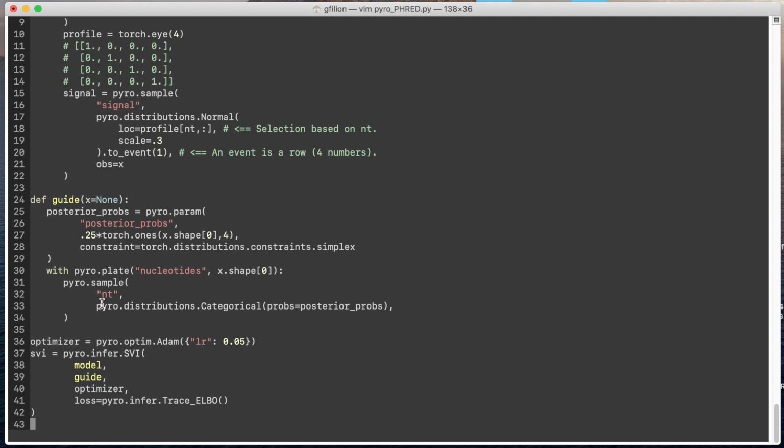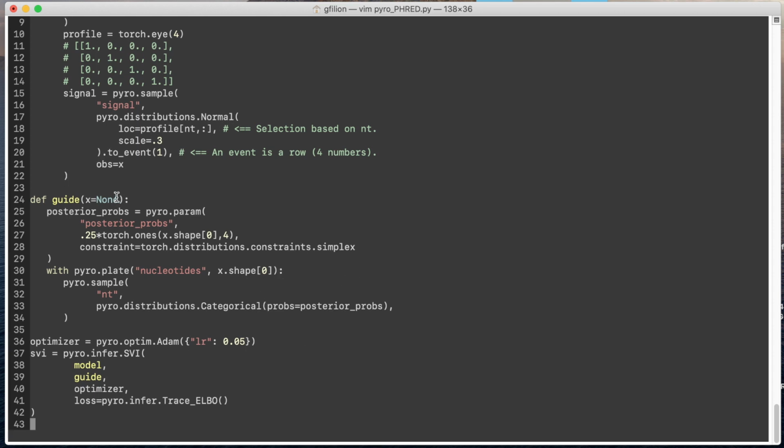We take the same distribution as in the model here, the Pyro distributions categorical, and we say that the probabilities of obtaining each category are given by the posterior distribution here, the posterior parameters. So we're going to draw the numbers 0, 1, 2, and 3, not at random with 1/4 each, but based on the most probable distribution here that we get from the posterior.